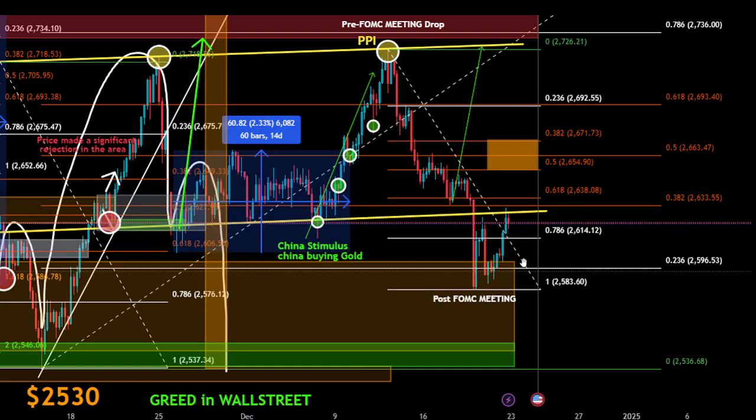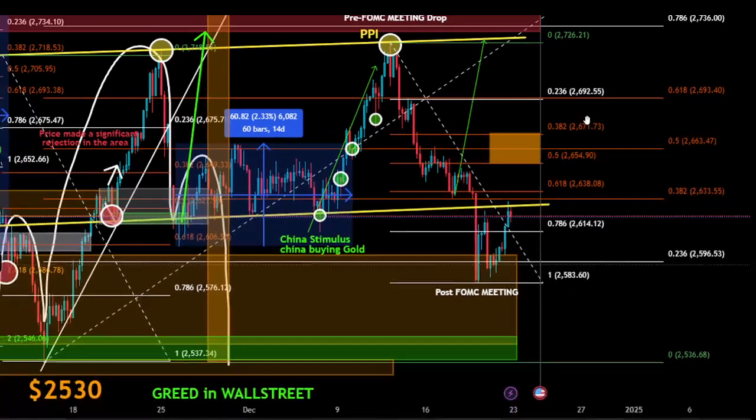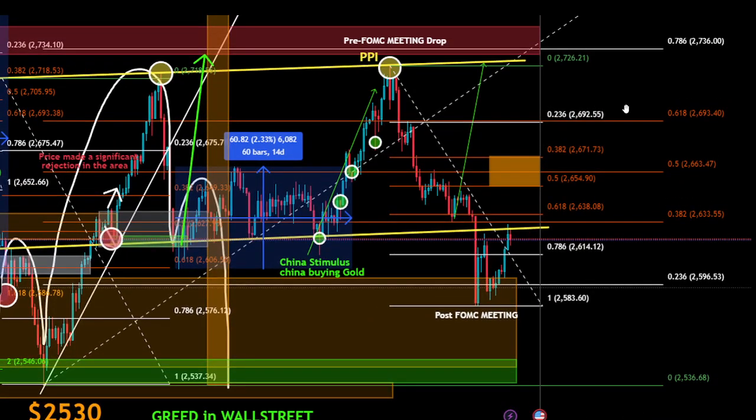That was the biggest drop since April, which led to nearly $2 trillion being wiped out from the stock market. The dollar pumped up. US 10-year treasury yields were rising, which was the biggest concern, that inflation is rising. And I said in my last analysis that inflation is rising and the Fed is ignoring inflation, while its only target objective is to pump up the labor market.